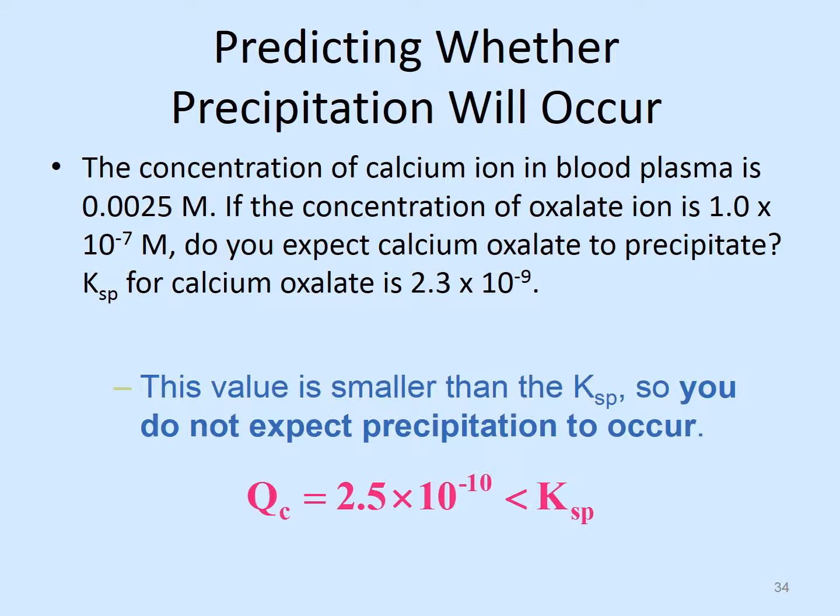So you would take the concentration times volume to get moles, and then divide by the total volume, which in that case would be 50 milliliters, to get the new concentration. So keep in mind that if you get a problem like that where they give you volumes and concentrations, you're going to have to refigure the new concentration in the new volume by finding moles and then dividing by the total volume. Once you have that, you can plug them into the concentrations and find out if a precipitate will occur or not.